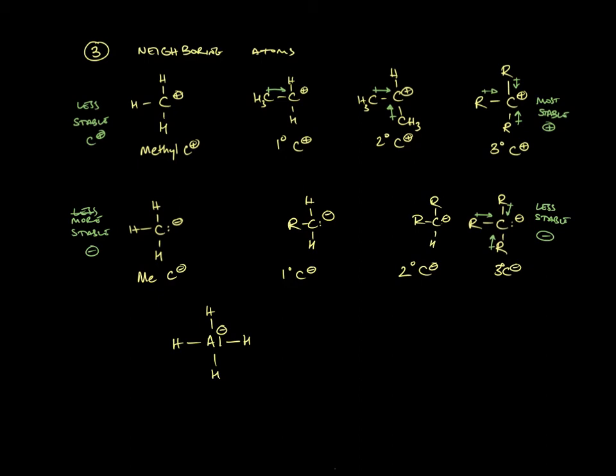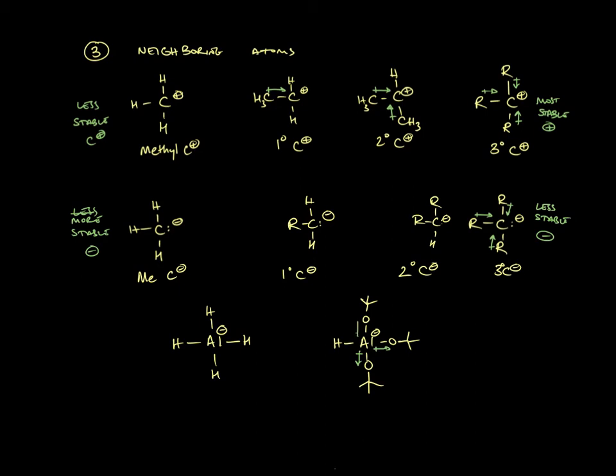It's not very stable the way that it is. There's another aluminum hydride that has 3 ethers attached to it, or O-tert butyls. Well, if you look at the periodic table, oxygen is far more electronegative than aluminum. So therefore, all of those oxygens would be pulling electrons away from aluminum.